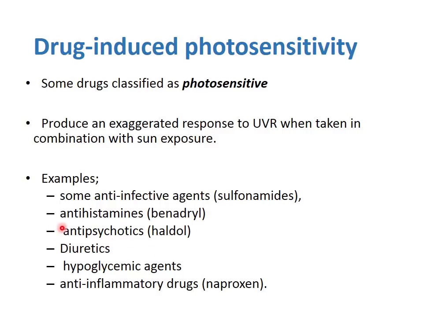Some antipsychotics, some diuretics, hypoglycemic agents, and those hypoglycemic agents can be sulfonamide based. Some anti-infective or antibiotic agents have sulfonamides. Hypoglycemic agents for type 2 diabetes, put in brackets here, sulfonamides as well, and some anti-inflammatory drugs that you use for a sunburn, like naproxen, can make you photosensitive as well.